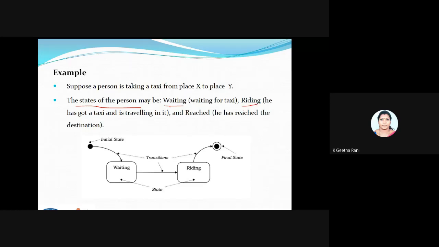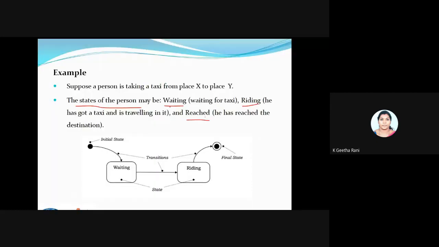Once he got a taxi, he started to travel on it. At one point, the taxi will stop at the destination. That is called the reached state. So the person has several states: a waiting state, a riding state, and a reached state.